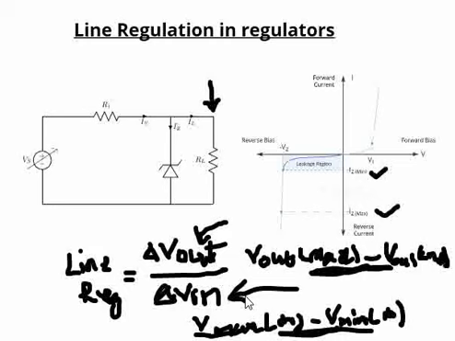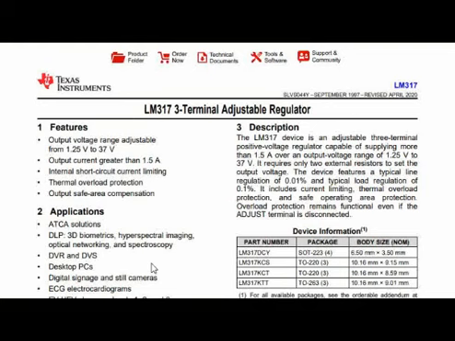Now we will look at one of the data sheets to see what the line regulation value is. We are looking at the LM317, which is a commonly used adjustable regulator. This is not a Zener based regulator, but we are just considering its line regulation to check whether the value should be low or high.